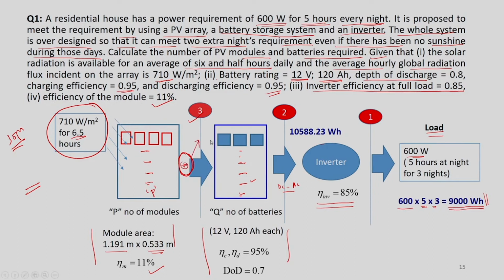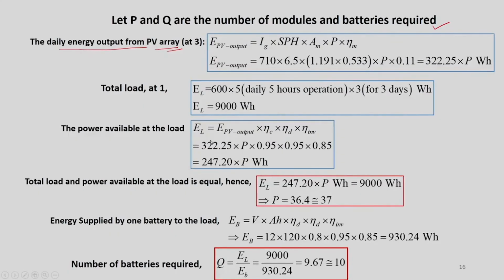Of course, this is a DC power. So, how can we define it? We know efficiency is output power by input power. Input power is nothing but I into area, and output power we need to calculate, maybe I will write P out, and eta module is given as 11%.